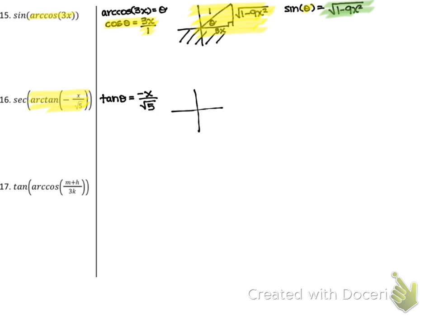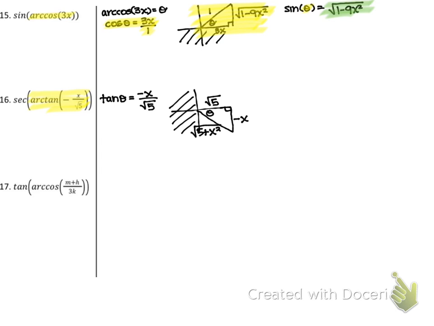It is an arc, so restrict like you normally would. Out of these two quadrants, tangent's negative down here. So there's my theta, and then it's going to be opposite over adjacent. Do the Pythagorean theorem. So that would be leg squared plus leg squared square rooted.